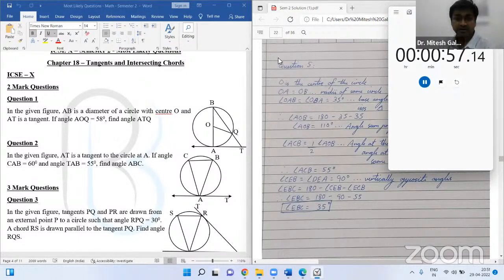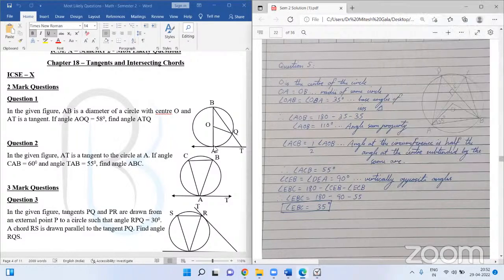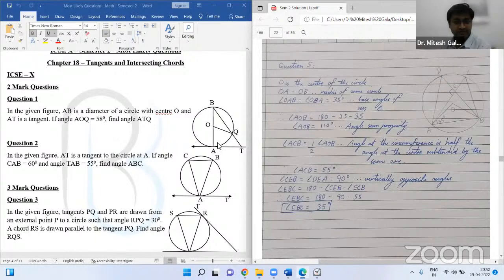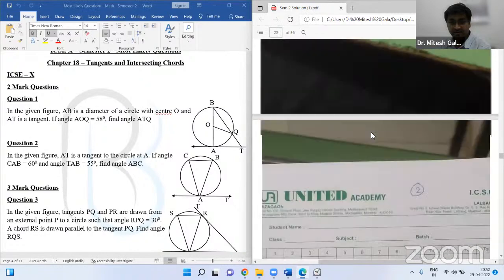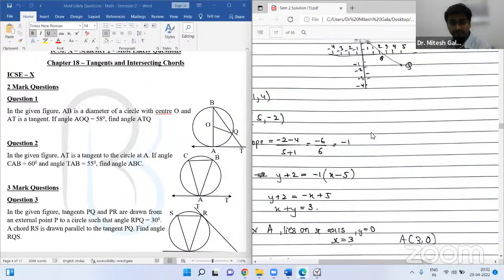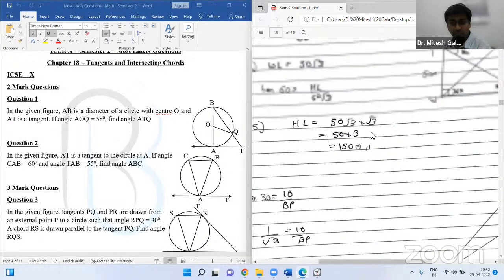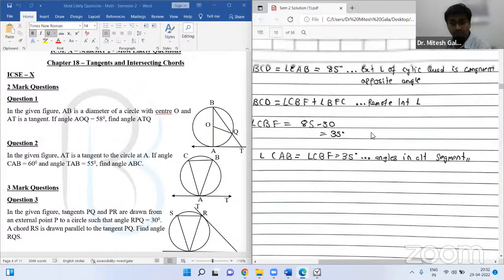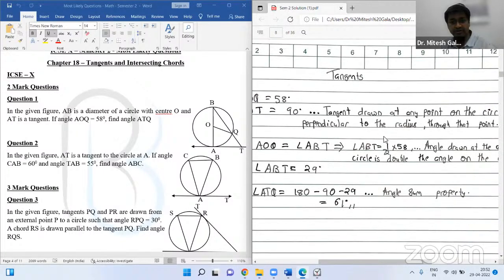Chalo, can we look at the solution to this question? Yes, sir. Simple tangent question. So they say that AOQ is 58. Find ATQ. Okay. So one second. Okay, there you go with the tangents.